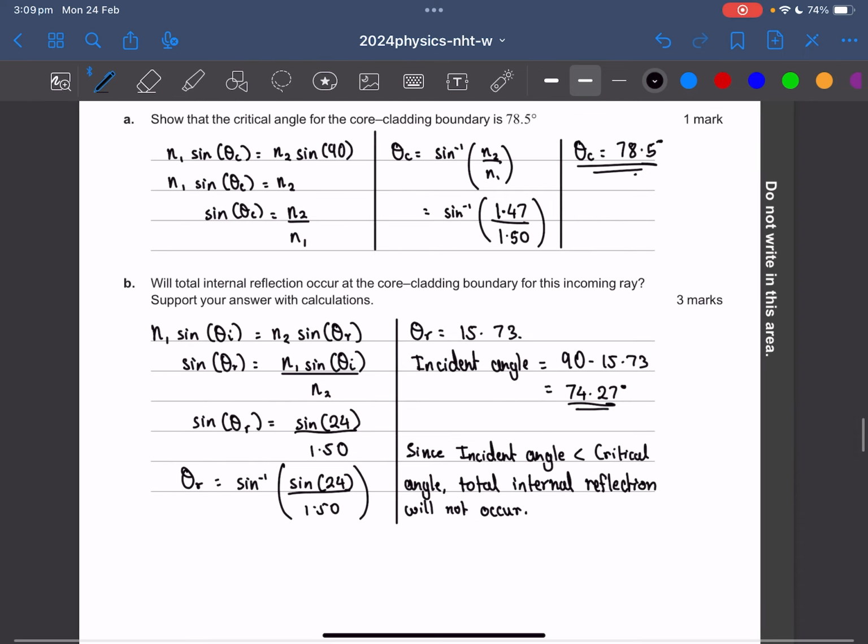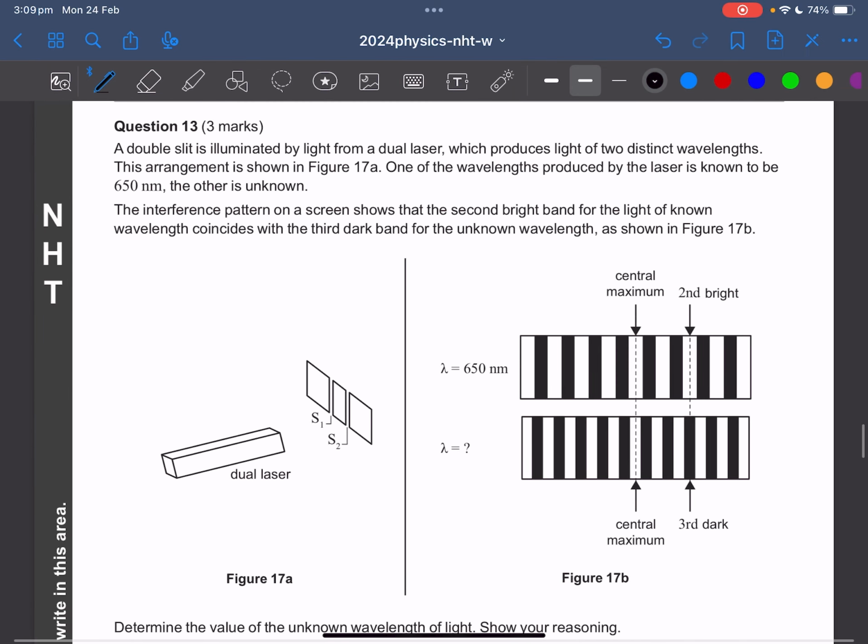Okay? Alright. A double slit is illuminated by light from a dual laser, which produces light of two distinct wavelengths. This arrangement is shown in figure 17a. One of the wavelengths produced by the laser is known to be 650 nanometers. The other is unknown.